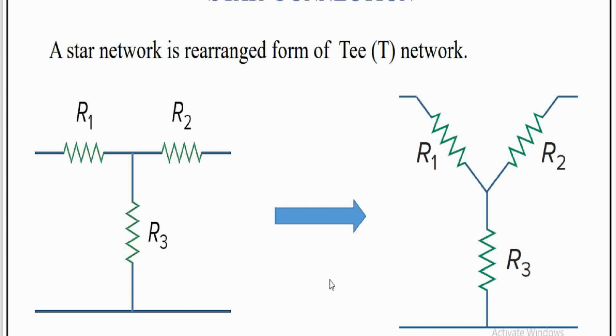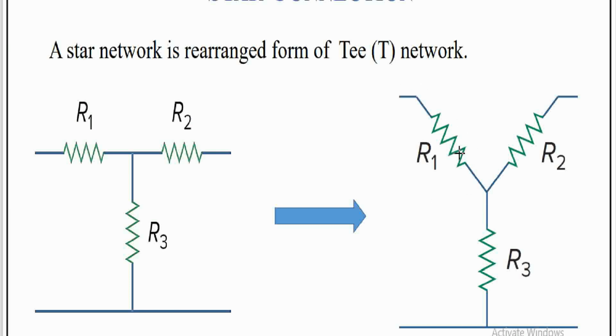Now this is your star. If you have observed, here we have three resistors. When the three resistors are connected like this, they are said to be star connected.